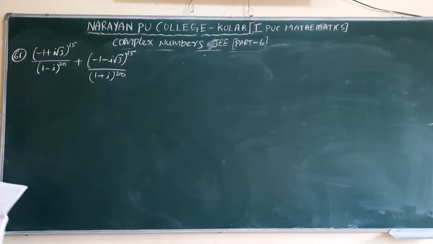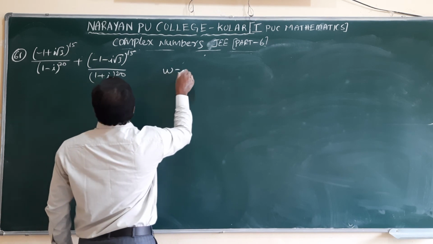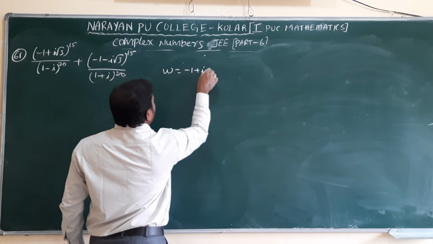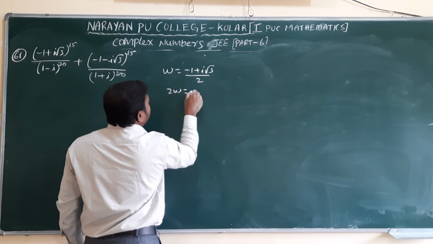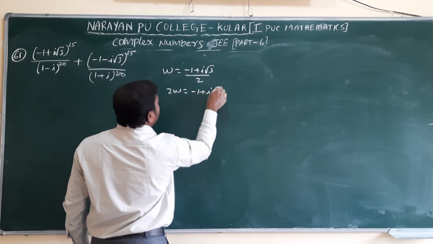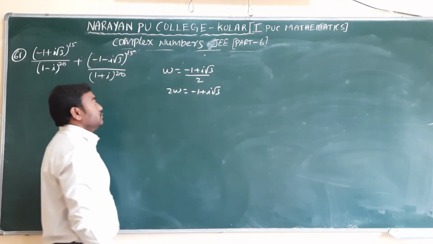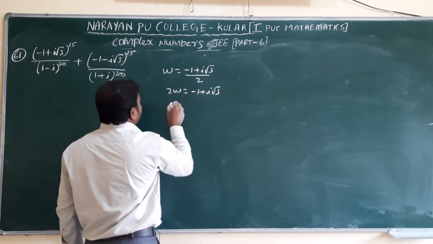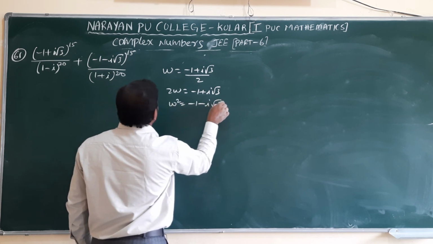We already know the values of omega and omega square. Omega is equal to (minus 1 plus i root 3)/2, so 2 omega is equal to minus 1 plus i root 3. And omega square is equal to (minus 1 minus i root 3)/2, so 2 omega square is equal to minus 1 minus i root 3.